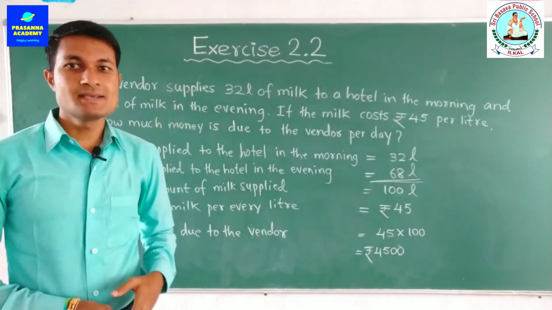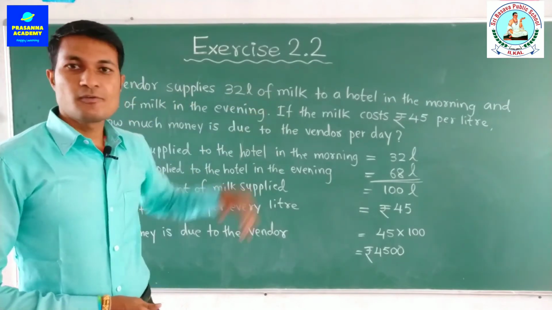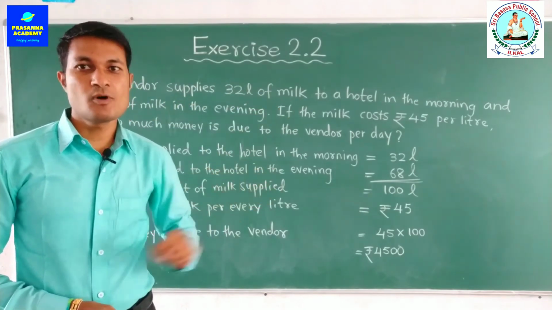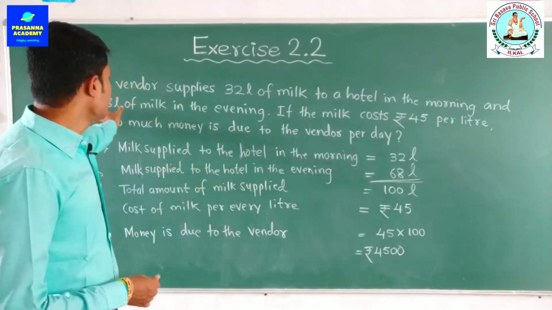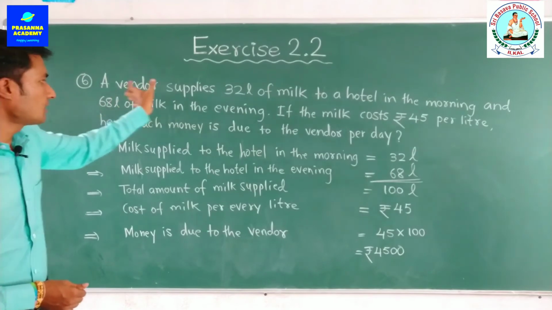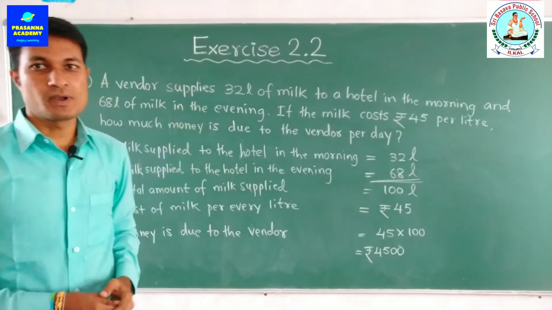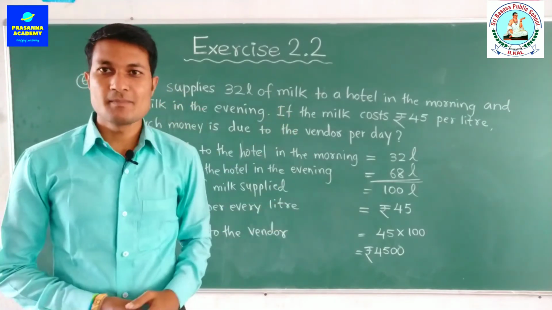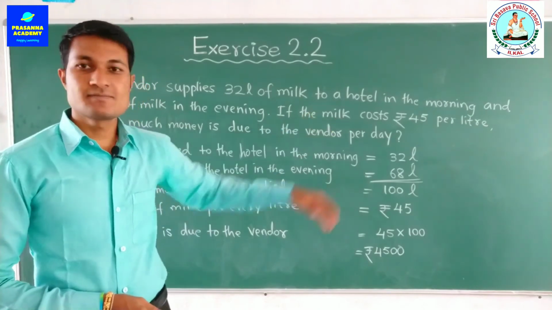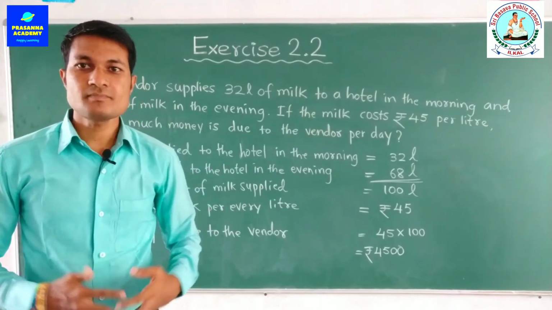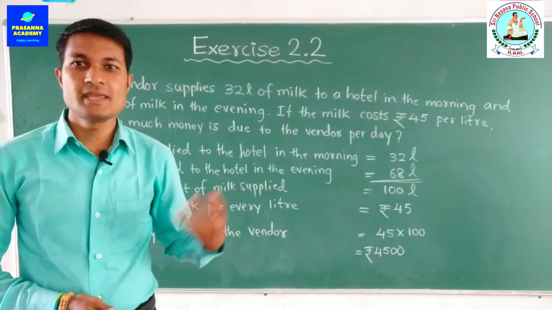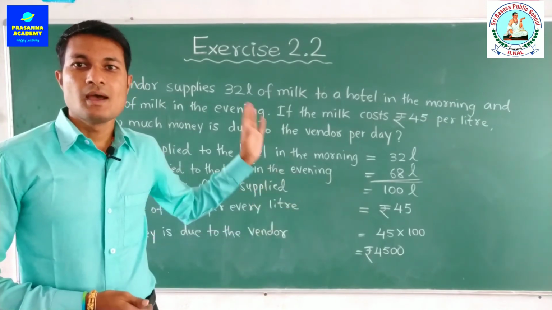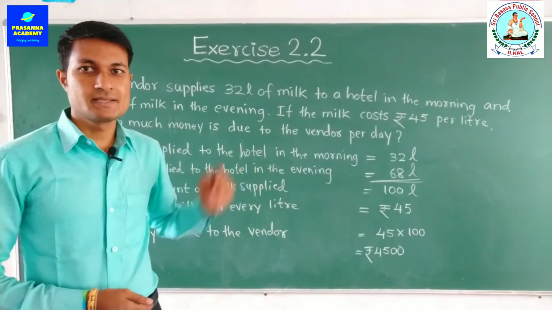He supplies 32 liters of milk to a hotel in the morning time. Then the same milk supplier supplies 68 liters of milk in the evening to the same hotel. Then if the cost of that milk per every liter is 45 rupees, then how much money is to be paid, or how much money will he get from that hotel per day if he supplies like this?